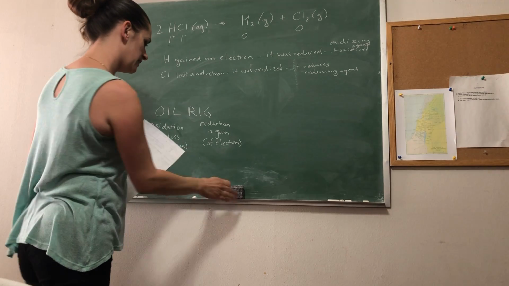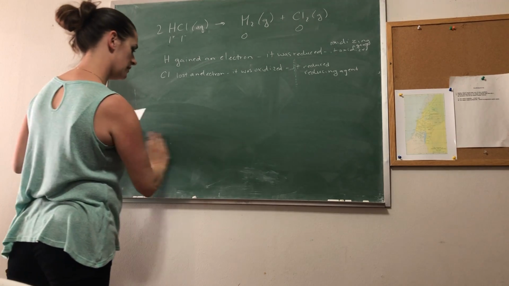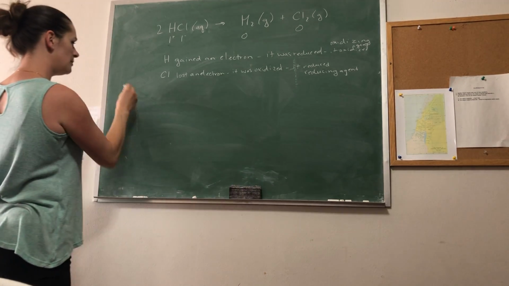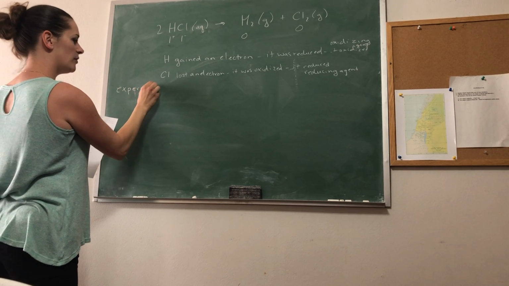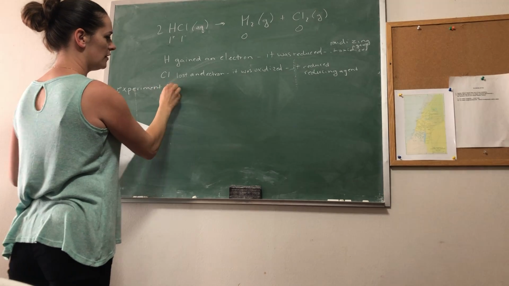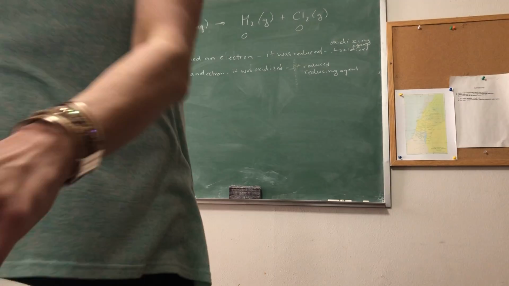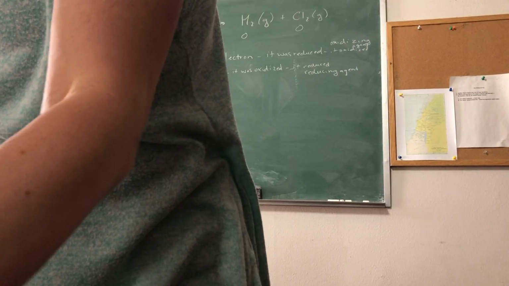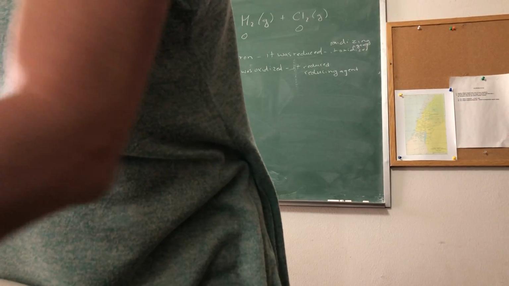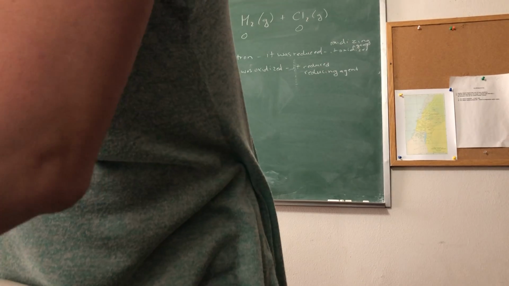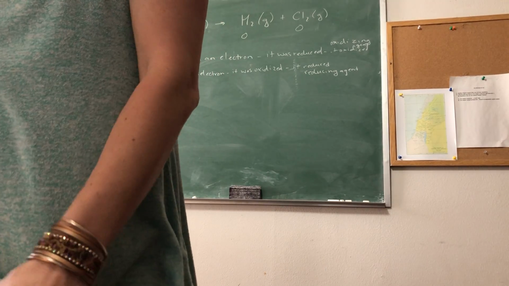So let's do an example from our experiment back in chapter 6. Experiment 6.3. Turn back to it. Experiment 6.3 was copper plating nails.